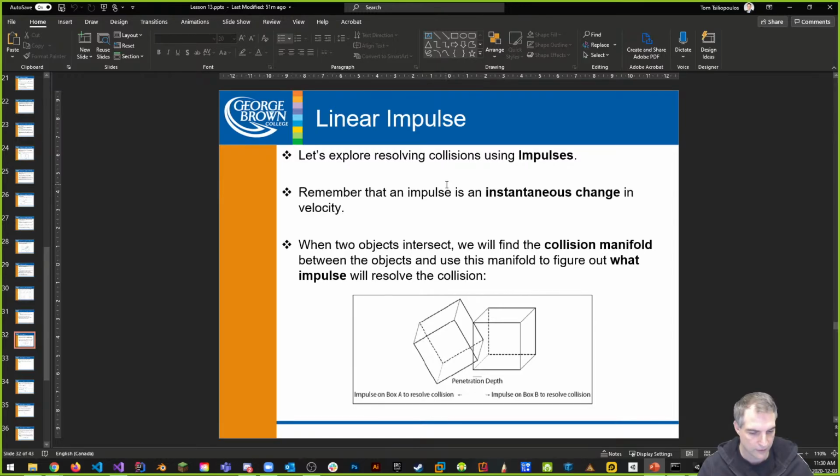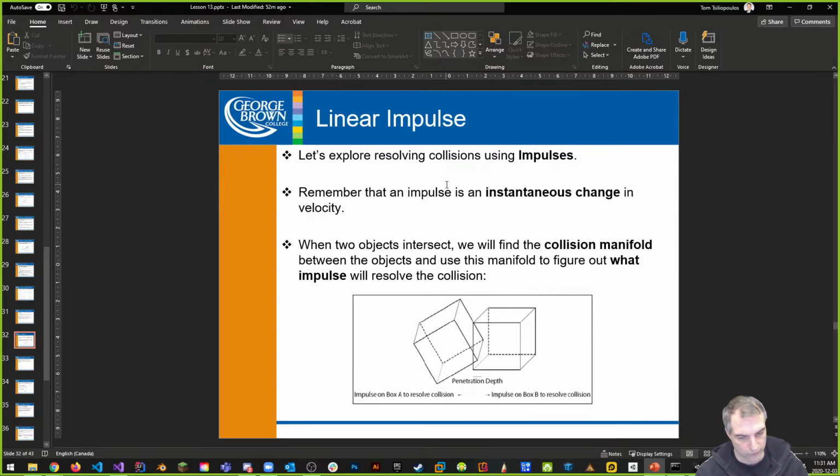We're not talking about velocity changes from 1 to 1.1, although that could be considered an impulse as well. We're normally talking about it going to 0 or going to a negative. So it's an instantaneous change. Something's going to cause it to happen, the collision, and that instantaneous change we call impulse.